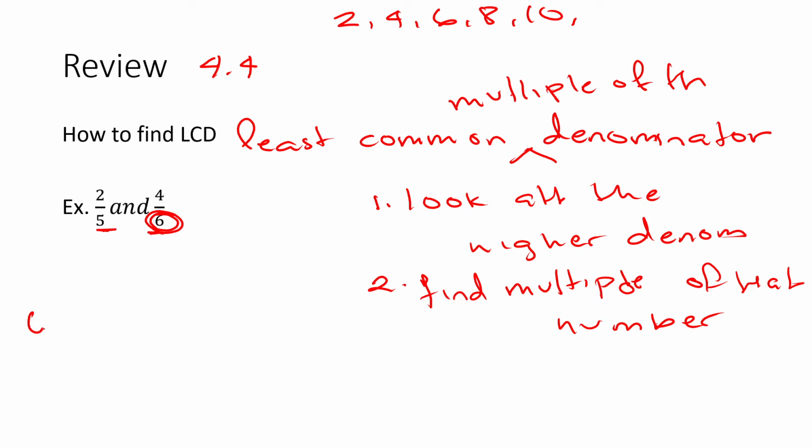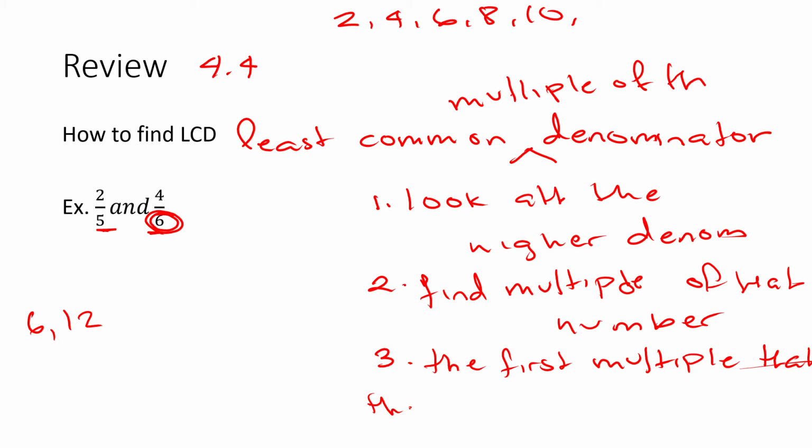So we have 6, 12, but why do we do so? Well, this is like a 2A step, but I'll put it as step 3. Step 3 is the first multiple that the other number divides is the LCM.